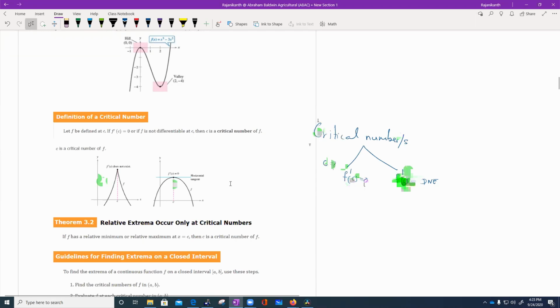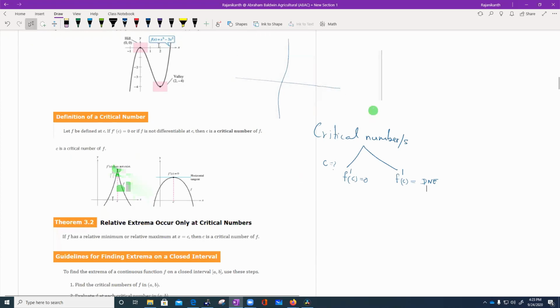Look at these two pictures, the scenarios, right? Remember, I told you in chapter 2, if there's a sharp turn or like a sharp edge for the graph, at that point the function is not differentiable, right? Recall the function we checked last time.